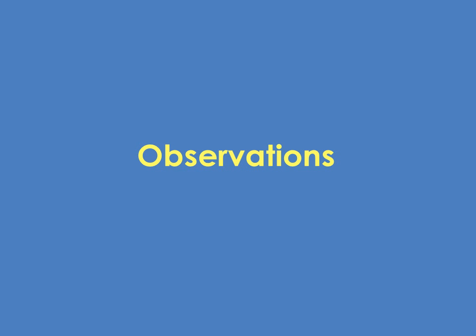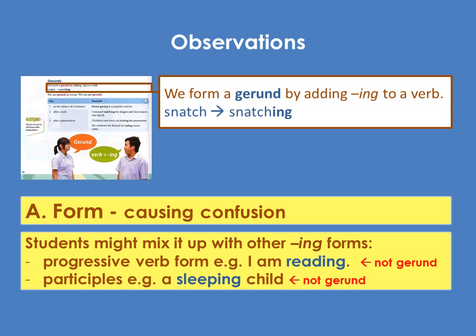Here are our observations on the presented material. In terms of form, the book only gives a simple definition. We form a gerund by adding ing to a verb, which we think may cause confusion to students.